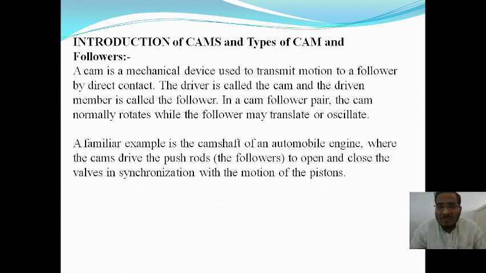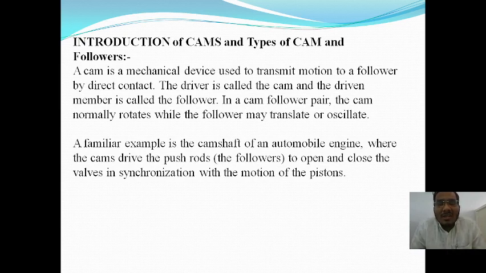In the last definition, we saw that the motion is oscillating motion, so that is not a valid way to say it. We can say the mechanical device transfers oscillating motion from the cam to the follower. The cam is a rotating element and it transfers oscillating motion to another element, and that other element is known as a follower.